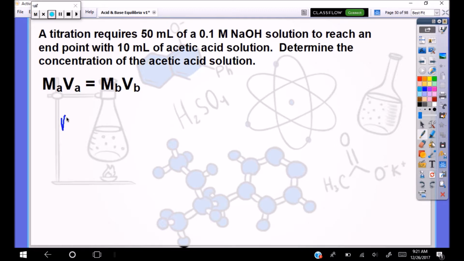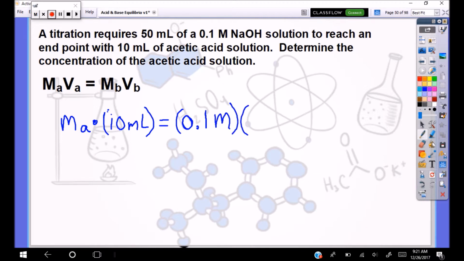All right, so I want to know my concentration of my acid. That's what I'm looking for. I know I have 10 milliliters of my acid, and I know I've got 0.1 molar NaOH and 50 milliliters.